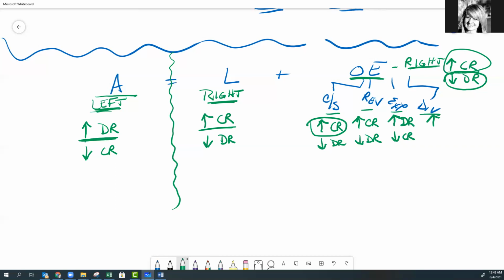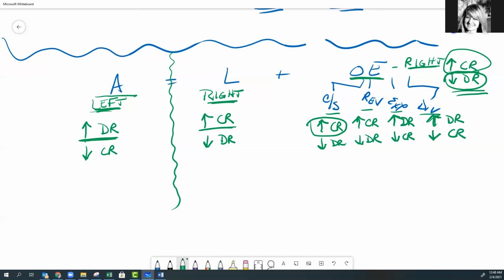We give money or property back to them, so dividends go up, that makes owner's equity go down. How do we make owner's equity go down? With a debit. So therefore, if we want dividends to go down, we'll do it with a credit.